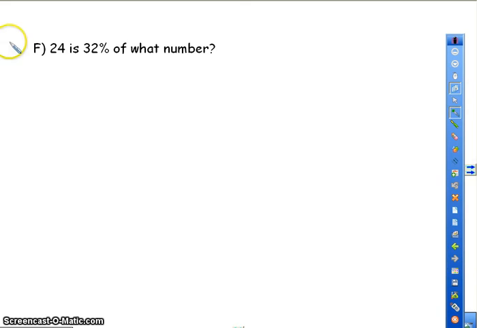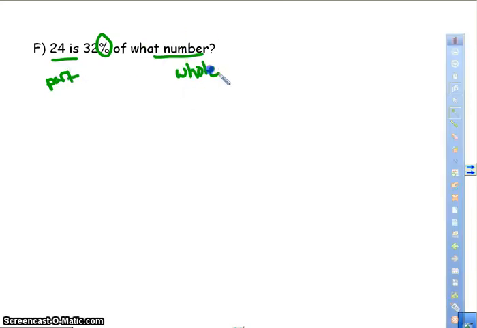And our last one, 24 is 32% of what number? So here's my percent. 24 is the part, and I'm trying to find the whole. I don't know what the whole is. So 32% is 0.32 times the whole, which I don't know, equals the part, which is 24.